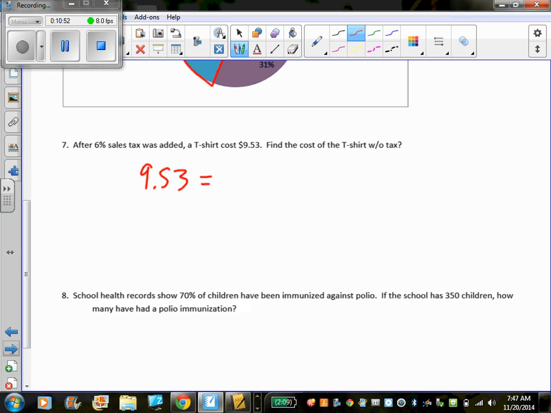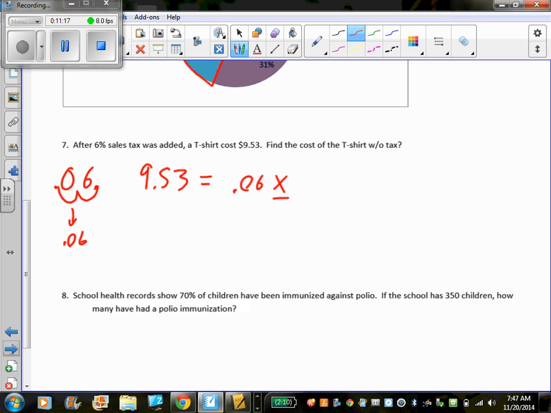So, 6% turned into a decimal, place moves there, we have 0.06. Now we don't want to just put down 0.06 times x, which would be the original cost, because the tax on the shirt was not $9.53. That was the cost after we added tax.